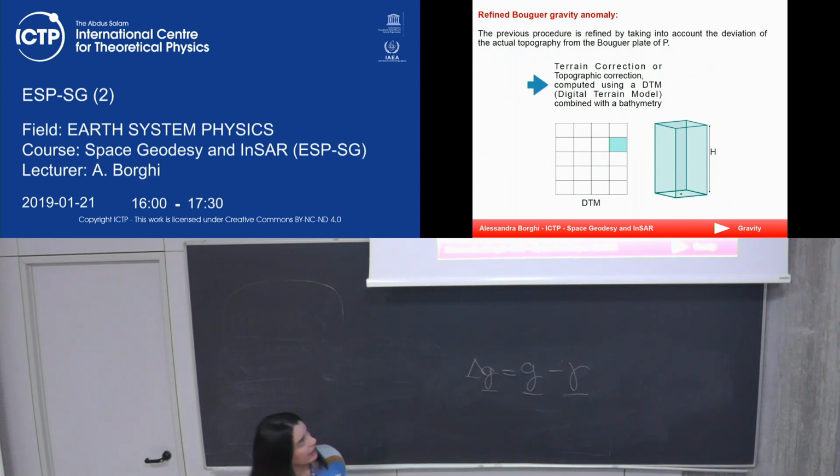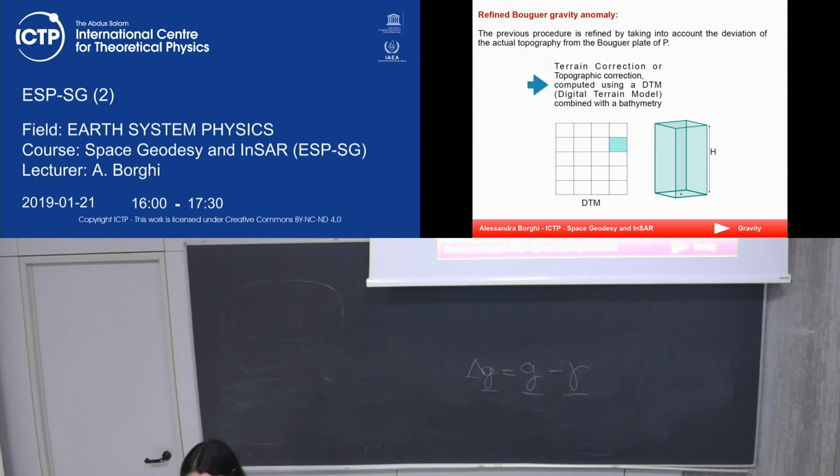How can we correct this? We are going to model our topography. If you think that you can discretize your topography surface, we have what we call a digital terrain model.